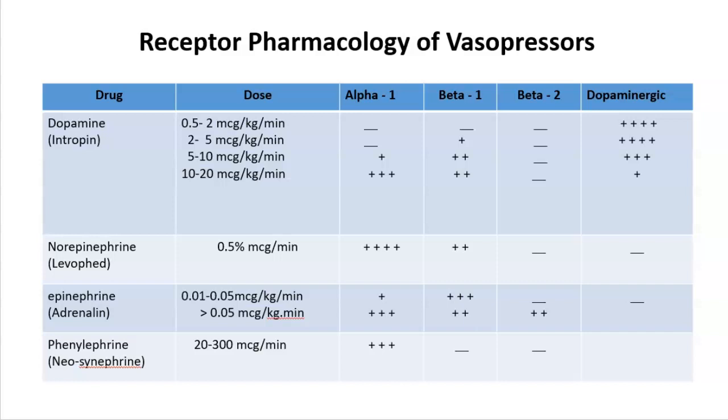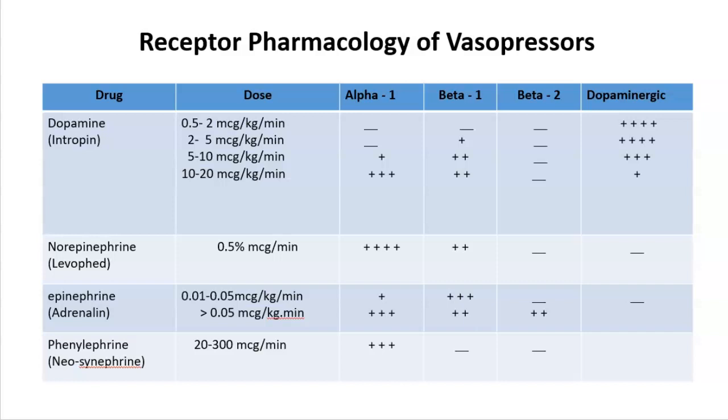Okay, so this is just another slide. I think that it can help you visual learners to sort of understand the different dosages and where the medications work. So for example, dopamine increased dosages shift to alpha 1, which causes increased vasoconstriction for tone.